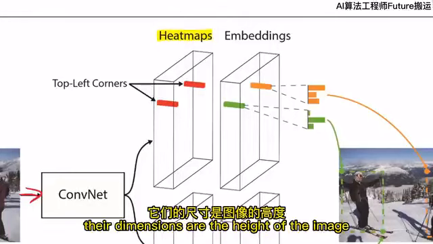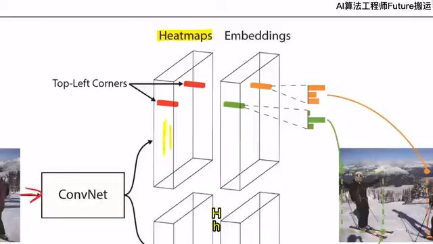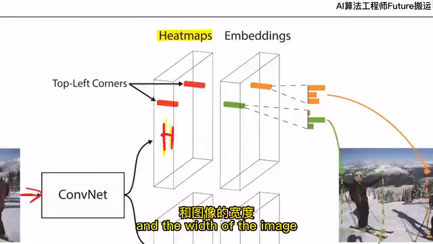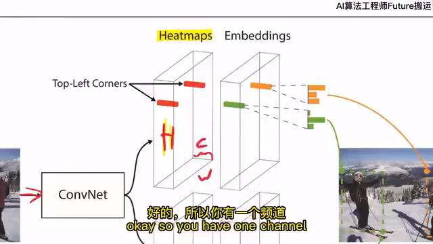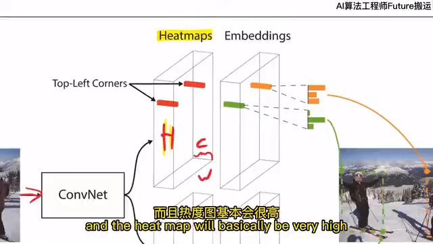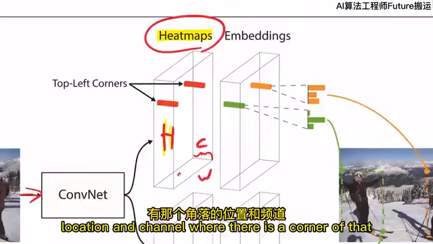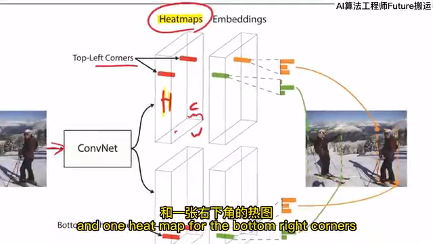The heat maps have the dimensions of the height H and the width of the image, and the number of classes C. So you have one channel for each of the classes that you predict. The heat map will be very high at the location and channel where there is a corner of that class. So you have one heat map for the top left corners and one heat map for the bottom right corners.